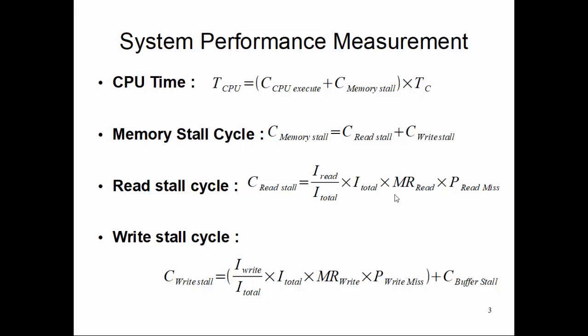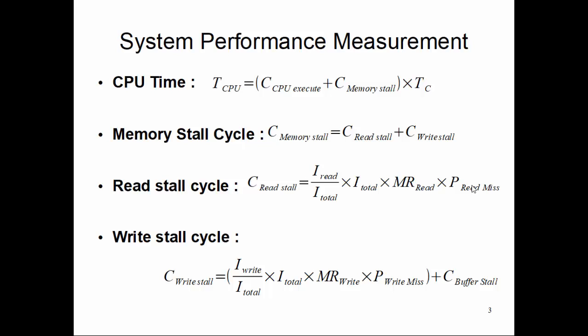So essentially we take the total number of read instructions multiplied by the miss rate. That gives you the number of instructions that involved a penalty for copying the blocks from the lower memory to higher memory. Multiply that with the penalty, the number of cycles as a penalty.